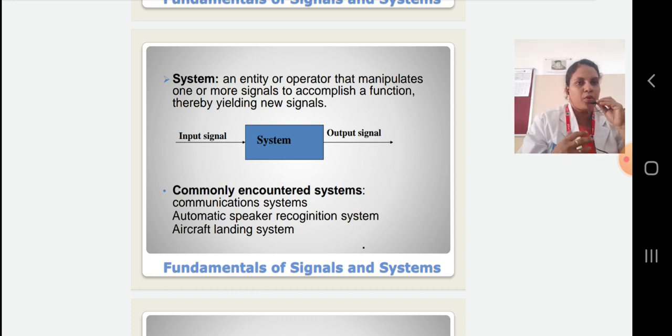A system which processes the input in continuous time and produces the output in continuous time is a continuous time system. And what is a discrete time system? A system which processes the input in discrete form and produces the output in discrete form is known as a discrete time system. A common example of a system is a communication system. And automatic speaker recognition systems and aircraft landing systems are also examples of systems.